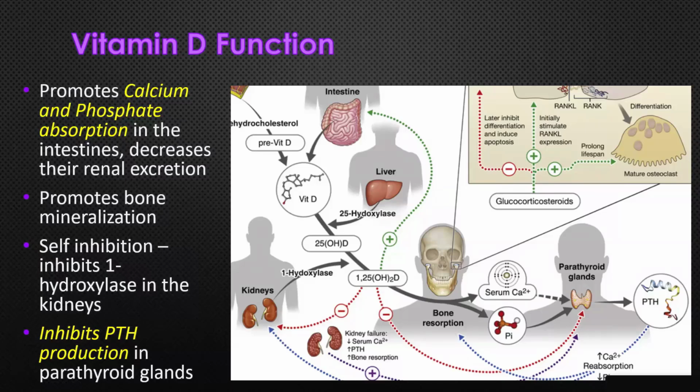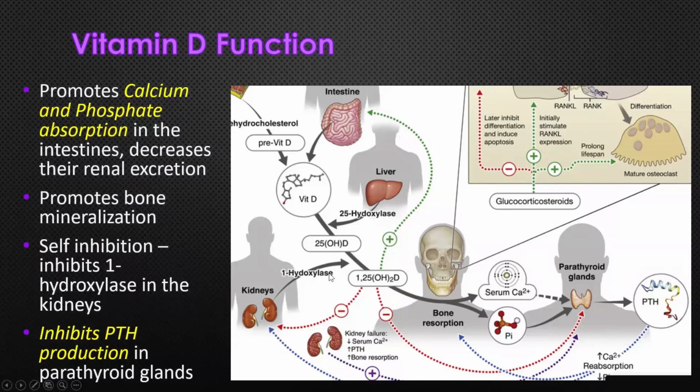Because first of all it helps have enough calcium in your serum, but then it also helps with that healthy bone turnover where you're depositing those minerals, the calcium and phosphate, into the skeleton. And one of the things you probably learned about already is the skeleton is a reserve of these minerals, primarily calcium and phosphate in our hydroxyapatite crystals. And so it's all promoting healthy skeleton formation, or bone formation.